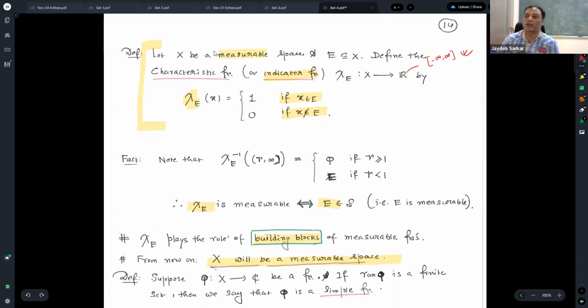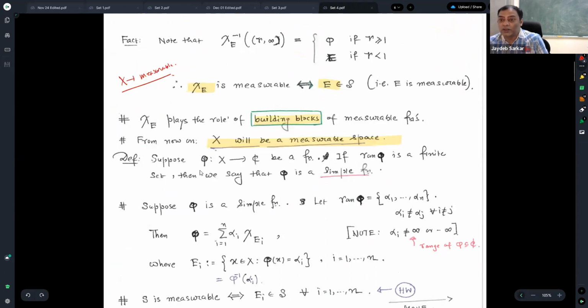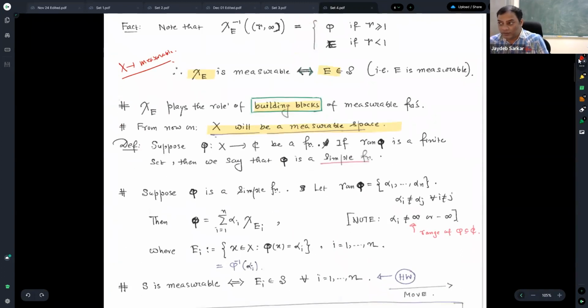So let X be a set is fine. Now here you can say that suppose X is measurable.